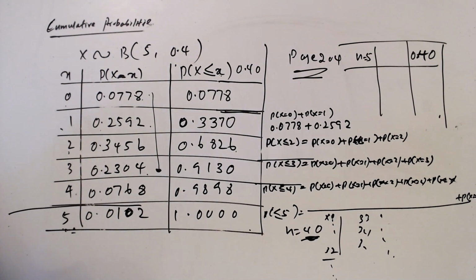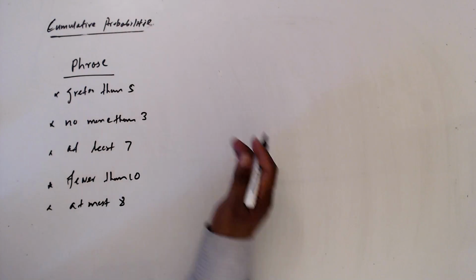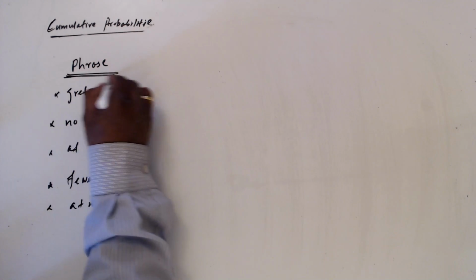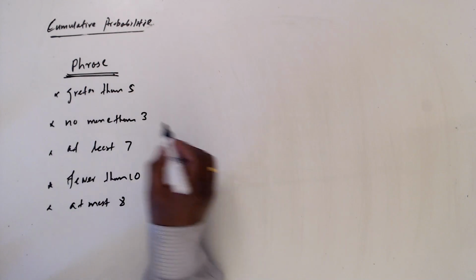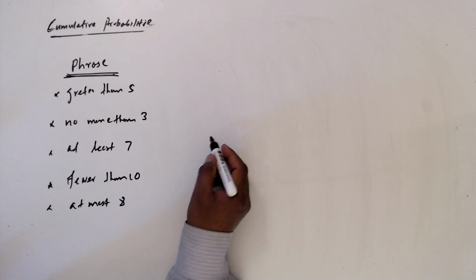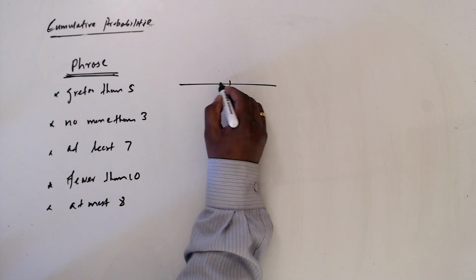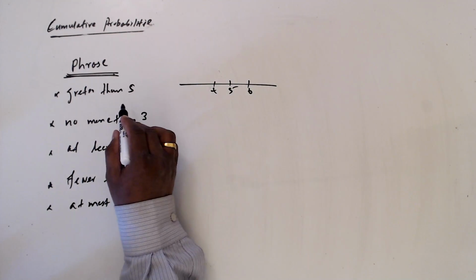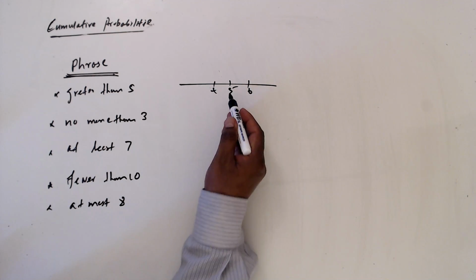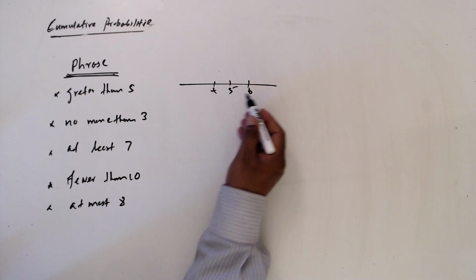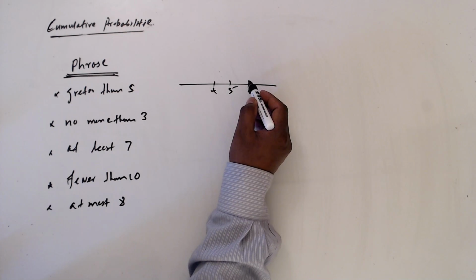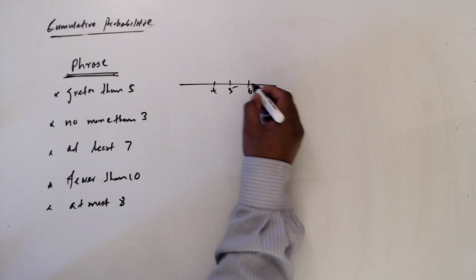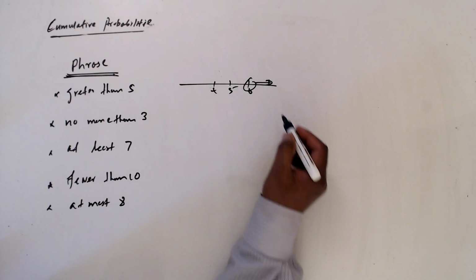Apart from that, one more thing you should know. The idea behind this: greater than 5 means 4, 5, 6. Greater than 5 means you can't include 5. So then it is from 6 onwards.